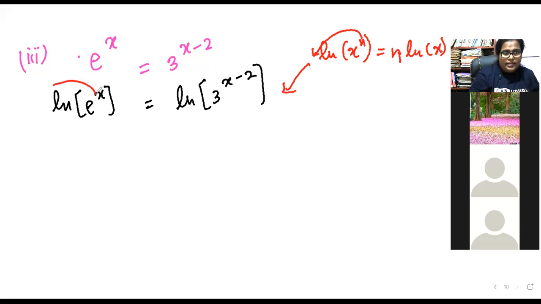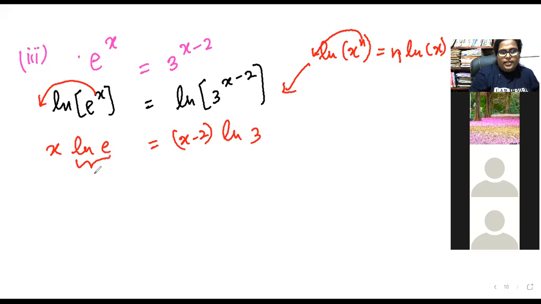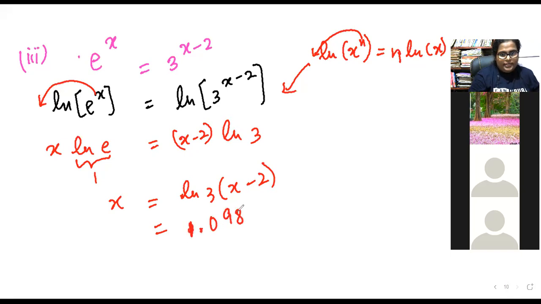You can take this x in front and write this as x ln e equals x minus 2 ln 3. Right, so here ln e equals 1, so we can conclude that x equals ln 3 times x minus 2. And there is a value for ln 3. You can take the value by the calculator. It is 1.0986.